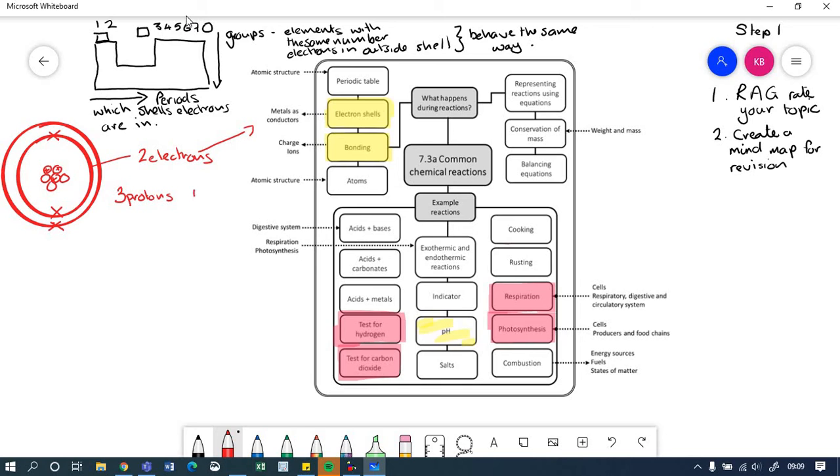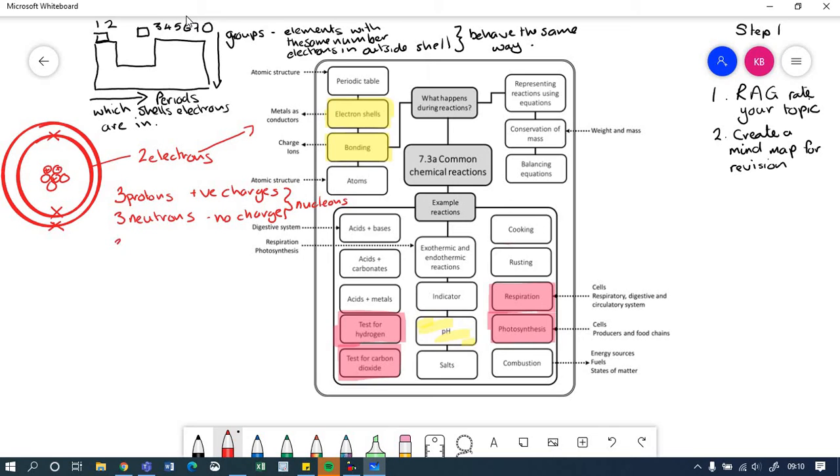protons, which are positive charges. I've got 3 neutrons, no charge. Now these, that's really bad drawing, it'll do, are called nucleons because they're found in the nucleus.